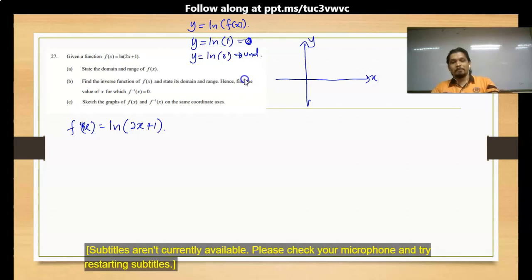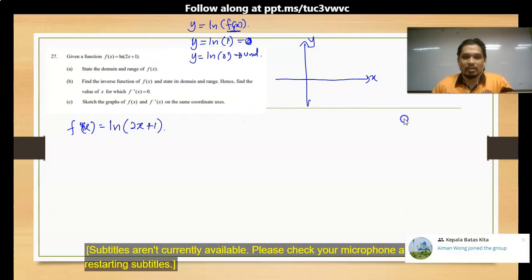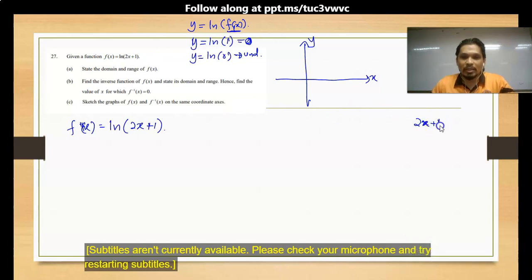Now let's imagine that we make this f(x), according to the question, 2x plus 1, and make it equal to 1.